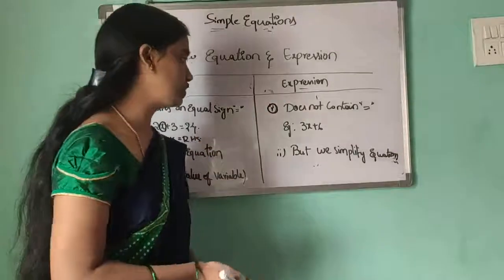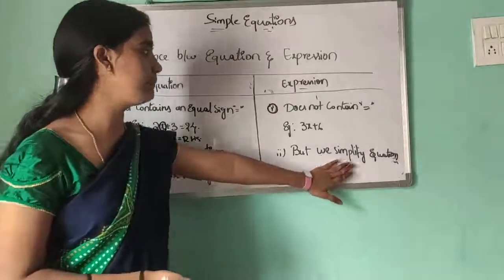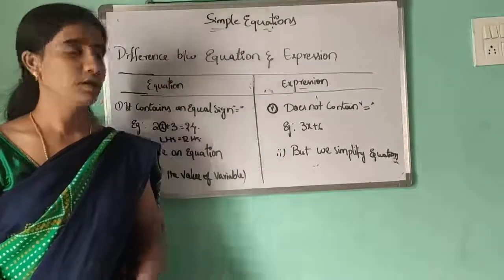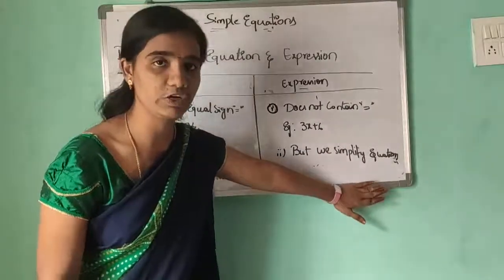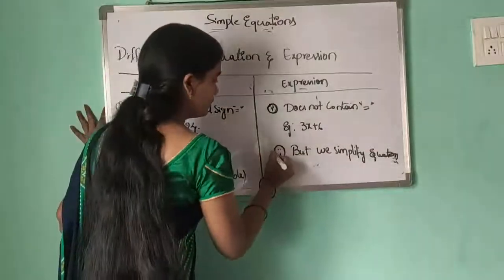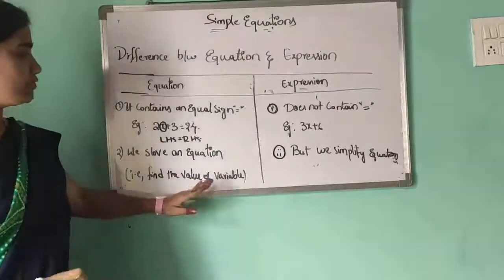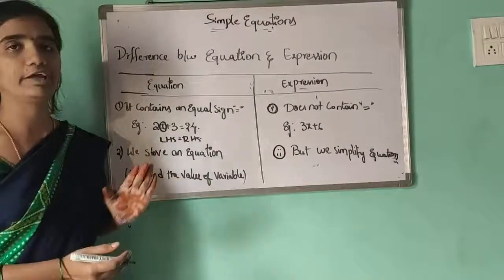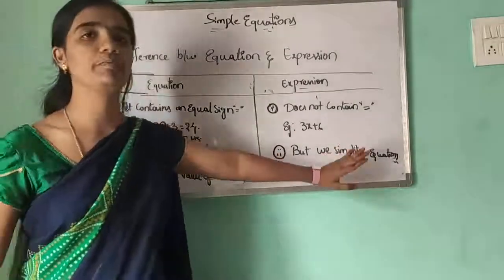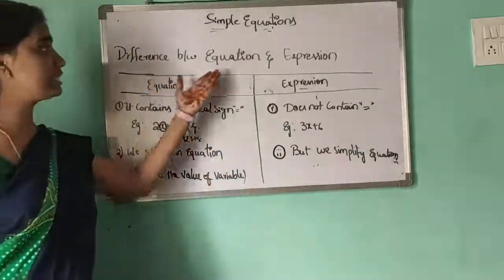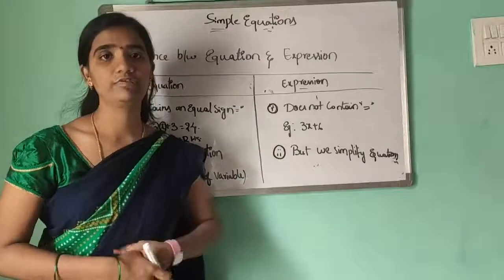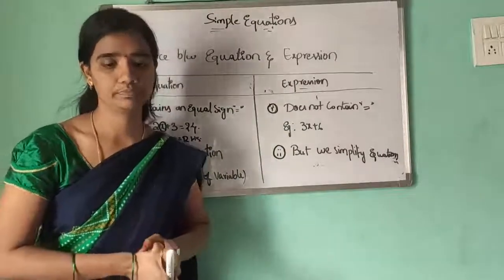Coming to an expression, we simplify it; we do not find a value. So this is the difference between an equation and an expression.